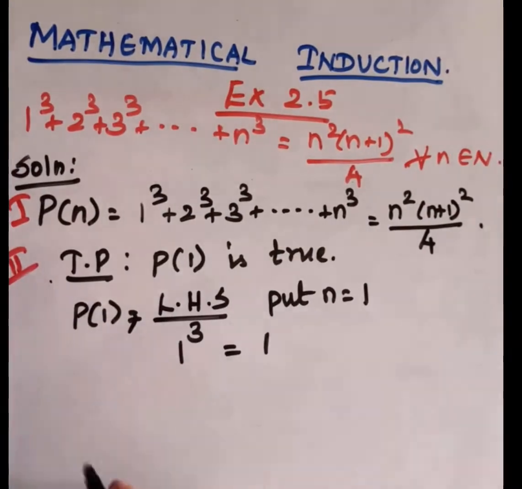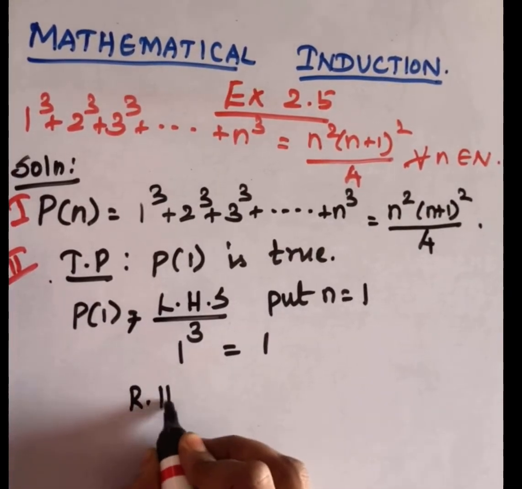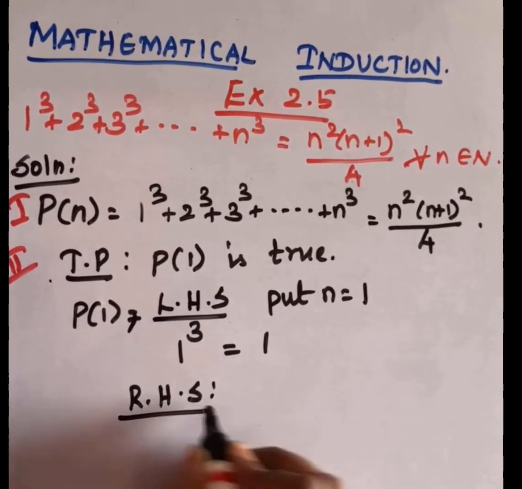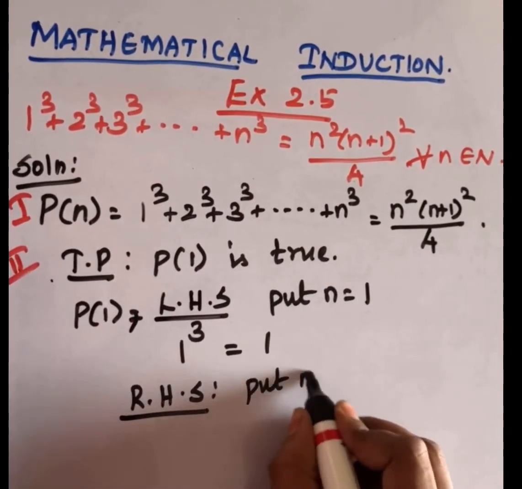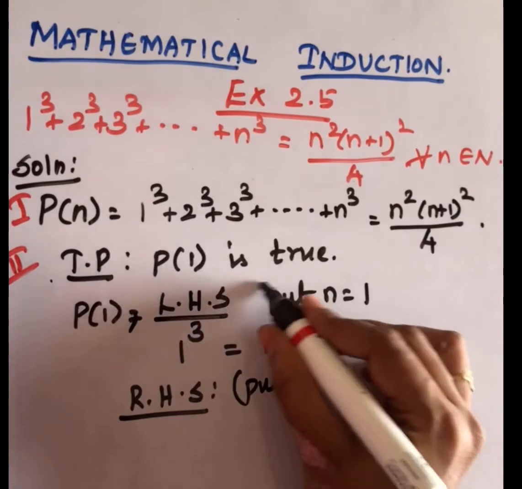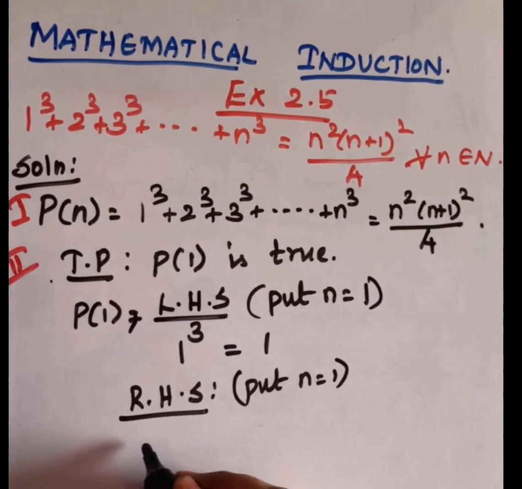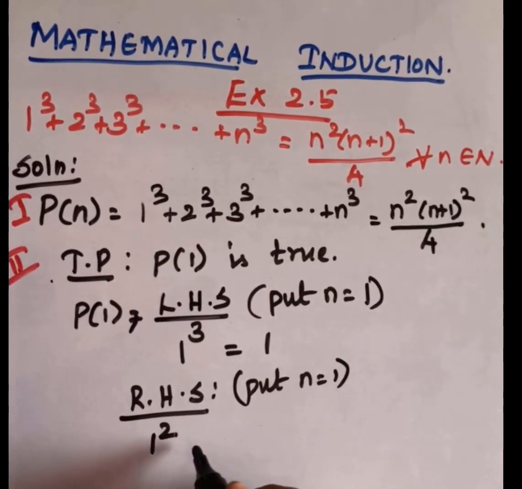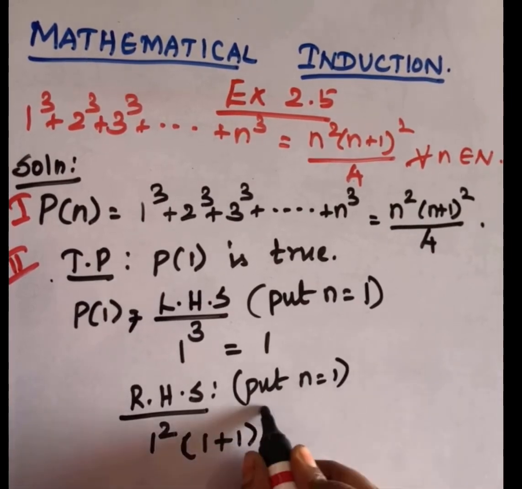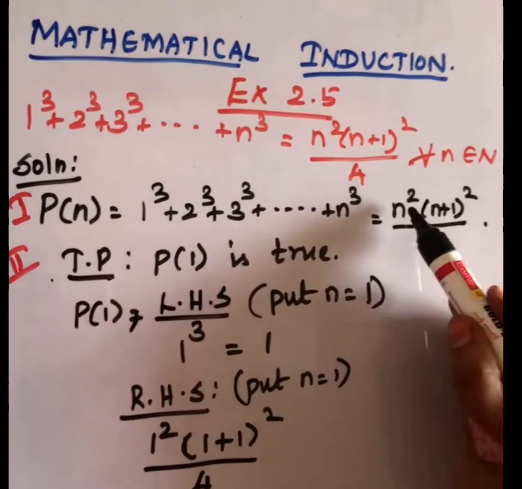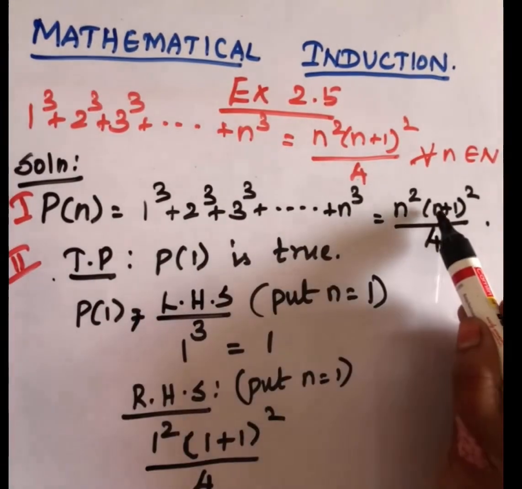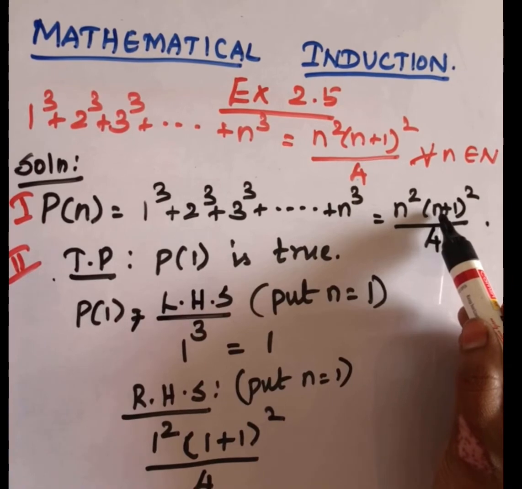Now coming to the right hand side. Here also you put n is equal to 1. So 1 square into 1 plus 1 the whole square divided by 4. Instead of n I substitute 1.